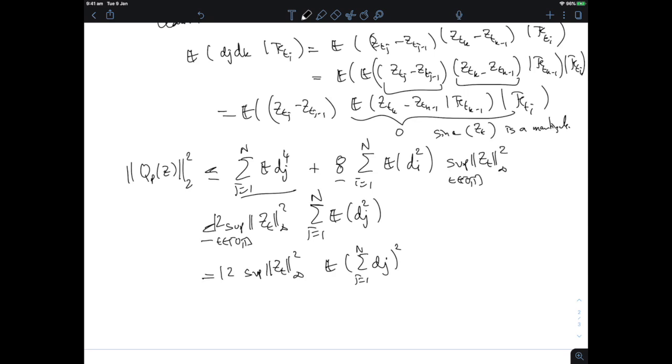And so this sum telescopes, and I get 12 times the supremum of Zt infinity squared times the expectation of Zt minus Z naught squared. And that is 1. So 1 is proven, and this is the constant c that appears in 1: 12 times the sup norm of the process squared.